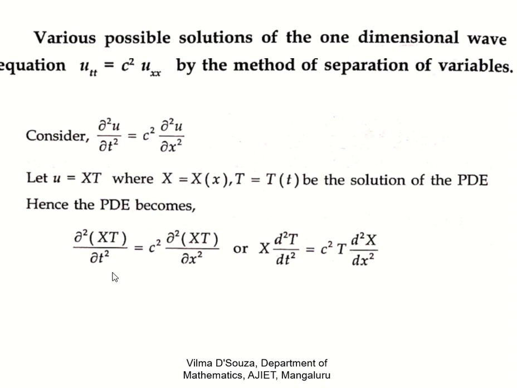So when you differentiate with respect to t, capital X will be a constant, and you take it out. The second derivative of T, since T is a function of t alone, becomes X d²T/dt² equals c² T d²X/dx². Since these are functions of a single variable, ∂² becomes d².